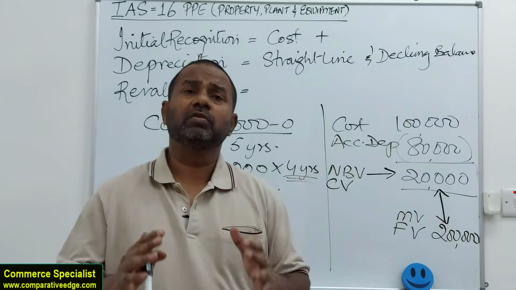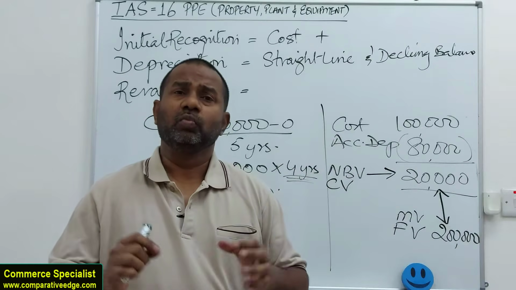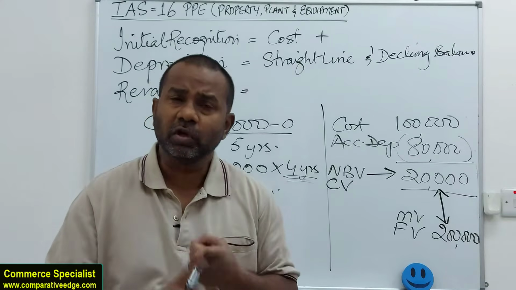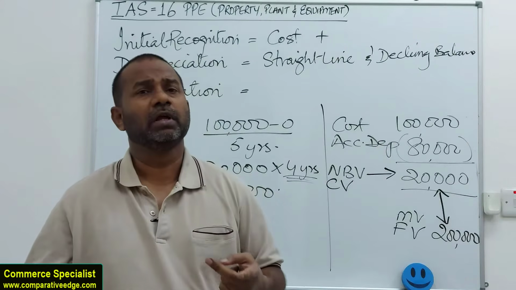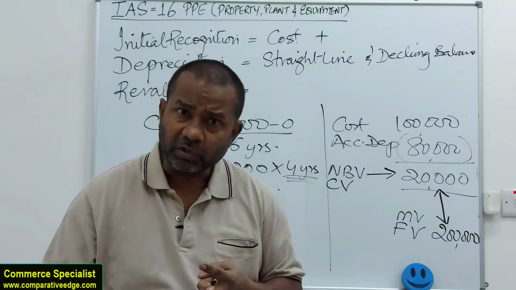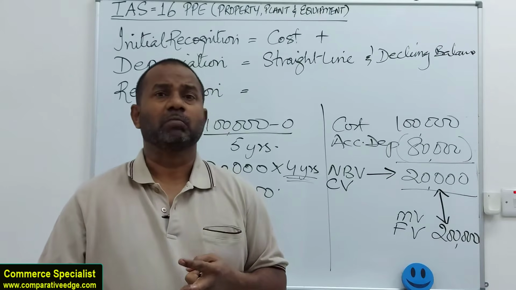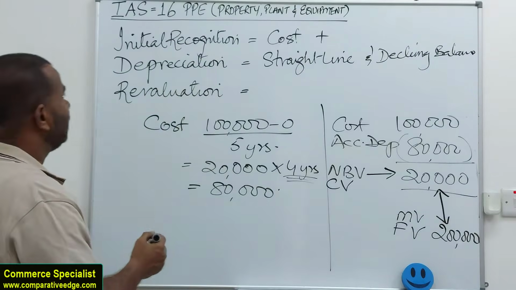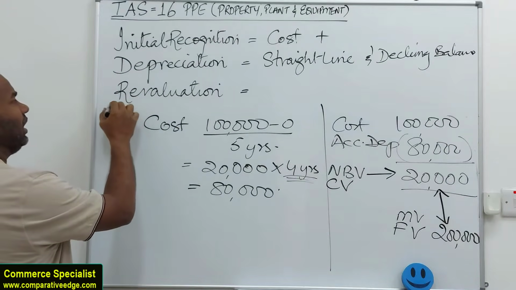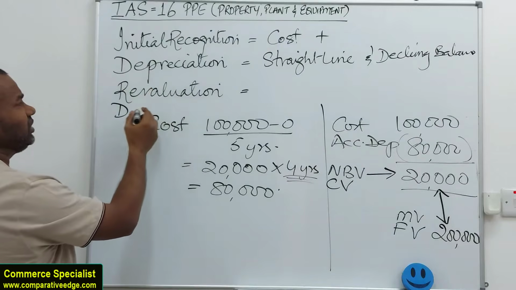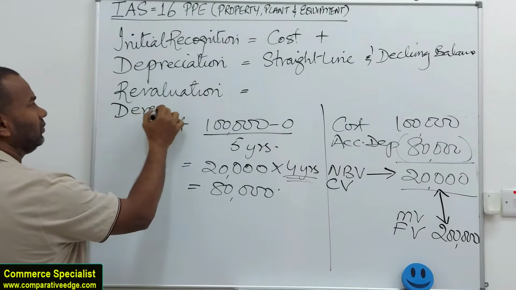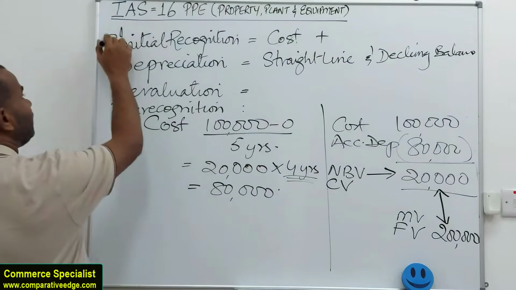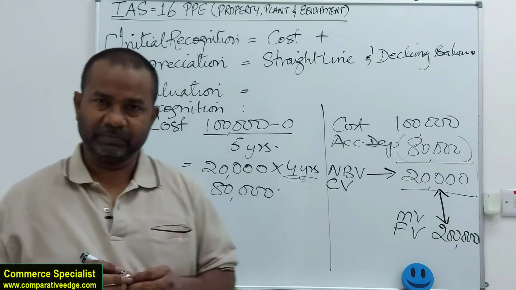Next, we are going to talk about a numerical example of revaluation, which will cover calculation of revised annual depreciation, recording revaluation, the journal entry, and the excess depreciation as well. After that, we'll talk about the fourth provision in IAS 16, which is derecognition. So these are the four main provisions of IAS 16.